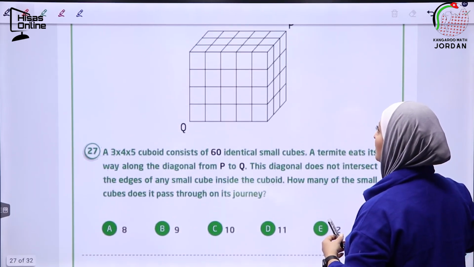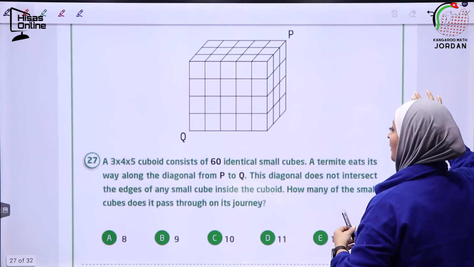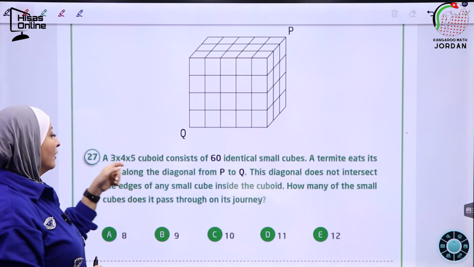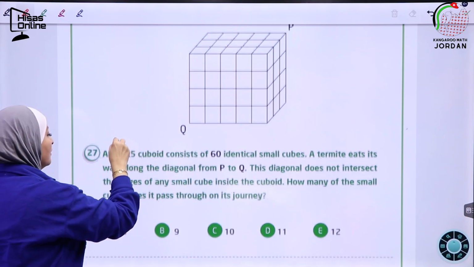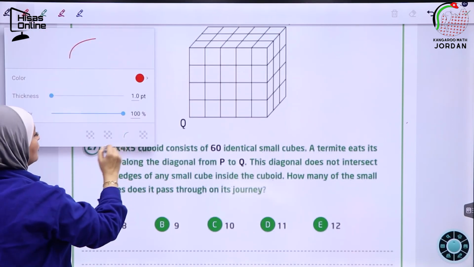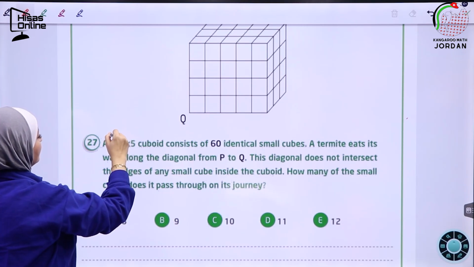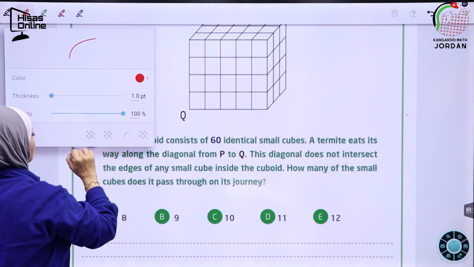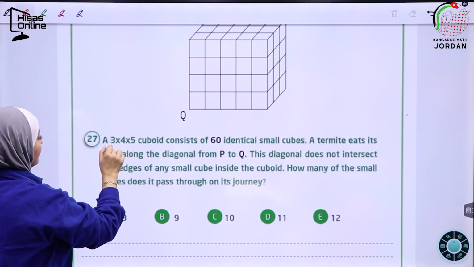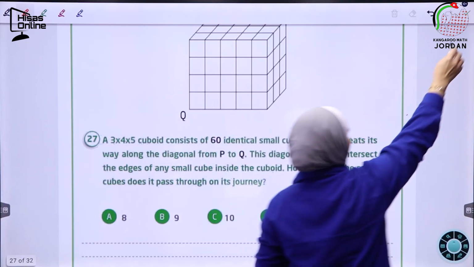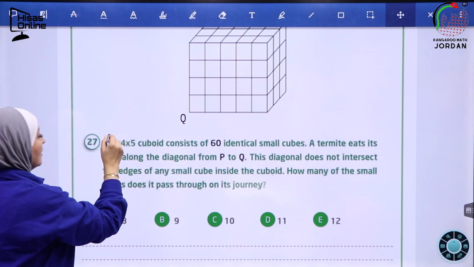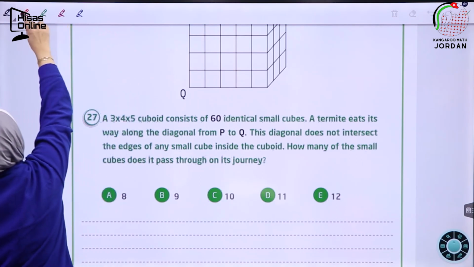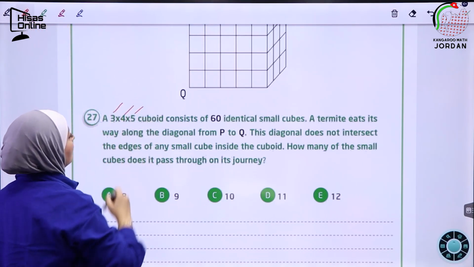We reach now question 27, and it is a nice question. I love it. A 3 times 4 times 5 cuboid, which means these are its dimensions, 3, 4, and 5.